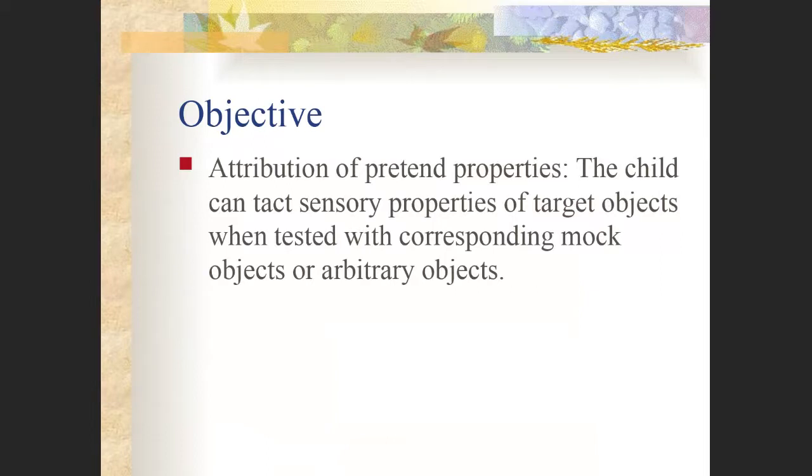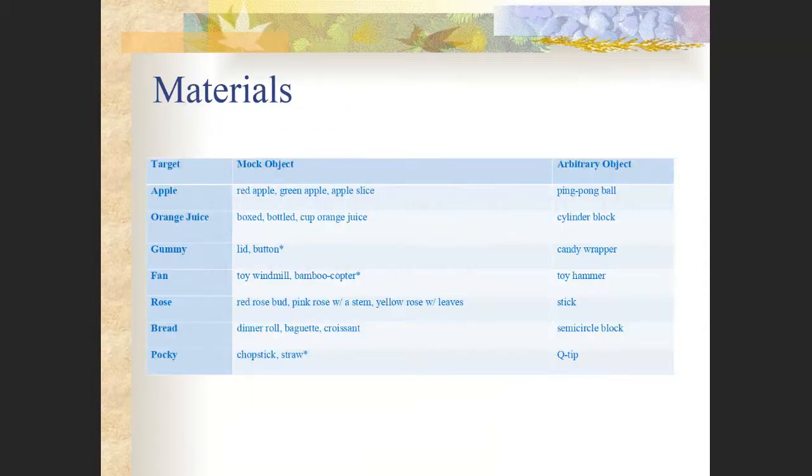All right, in this intervention, the target behavior is that the child can label sensory properties of a target object when tested with a mock object or arbitrary object. In this study, we use a different approach.